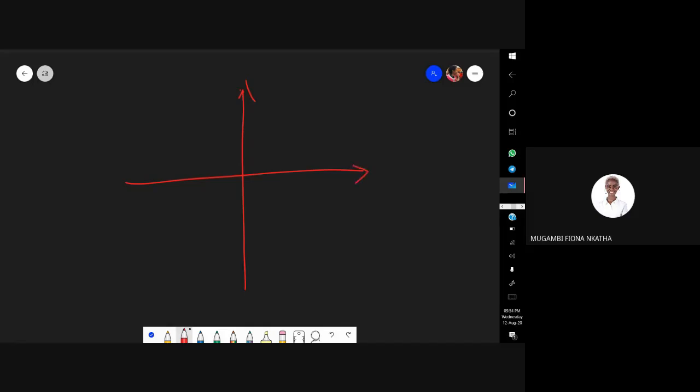So how do we usually move? When we have the circle, we usually move like this. That's our positive direction. But this is negative 304 degrees.